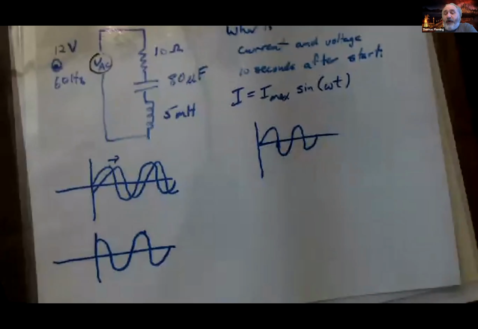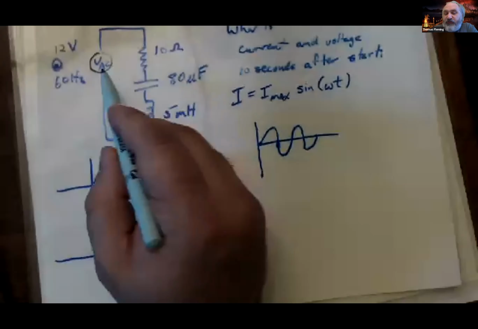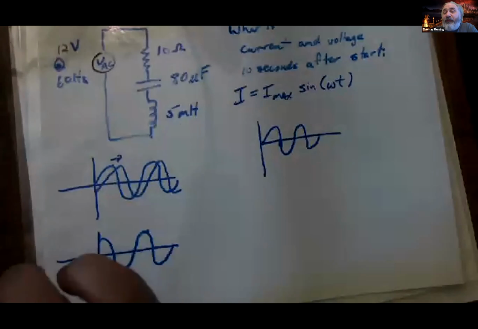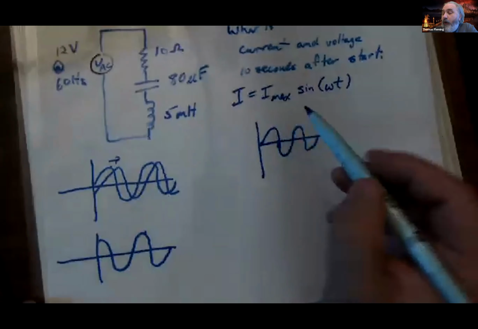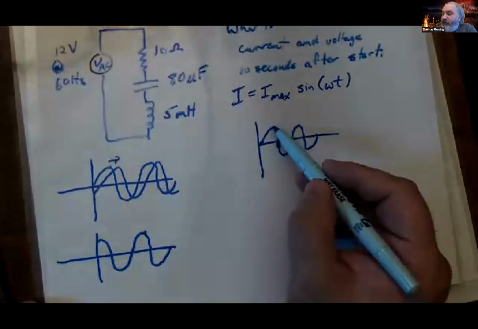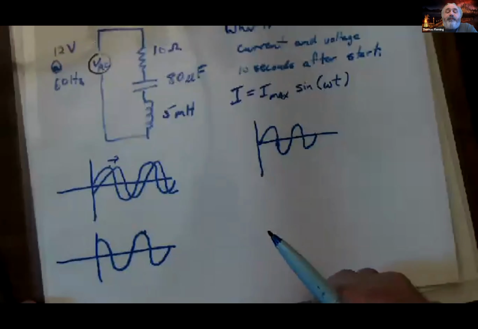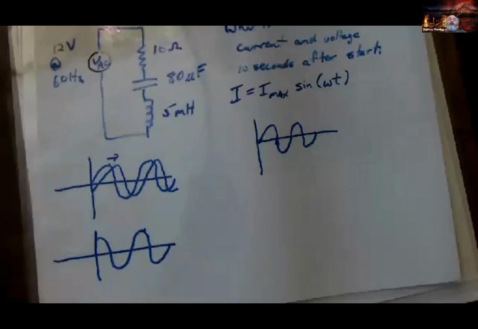Now, what that means, though, is that unless the current and the voltage supply are in phase, the voltage supply won't necessarily peak at the exact same moments as my current. So my voltage may be shifted to the left or to the right by some amount. And so in order for us to figure out the instantaneous voltage, we're going to have to do a little bit of work.